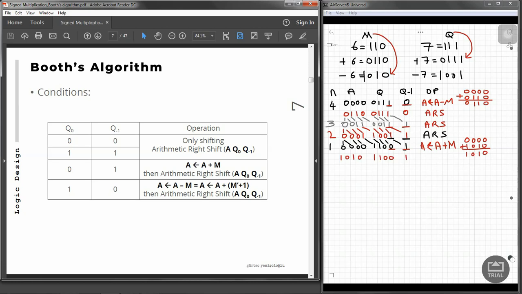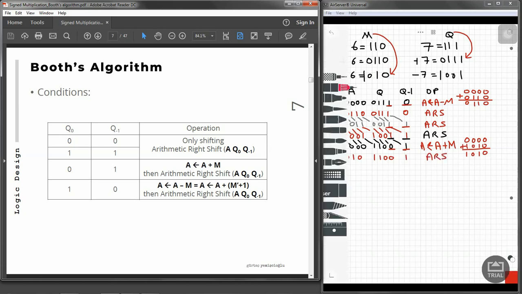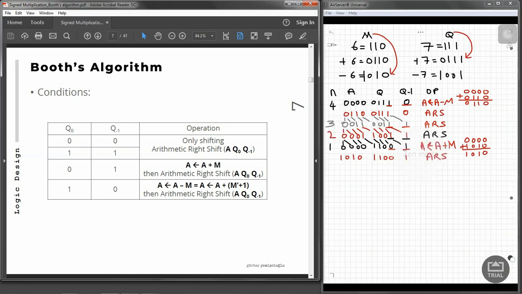Now we need to do arithmetic right shift. So in that arithmetic right shift, we are going to get 1 1 0 1 0 1 1 0 and then 0.